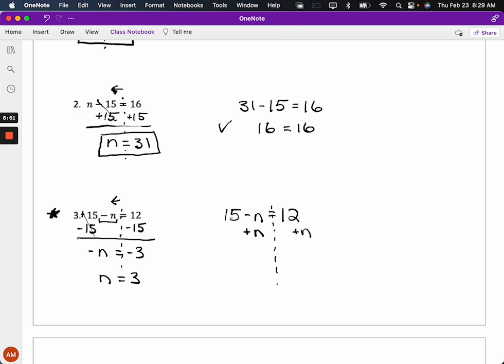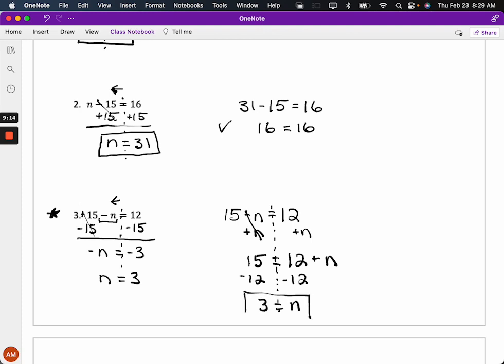So if I add n, negative n plus n is the same thing as saying n minus n, which is 0. So now I get 15 equals 12 plus n. And now I can do my normal inverse operations to solve this by subtracting 12, and I get that n equals 3.